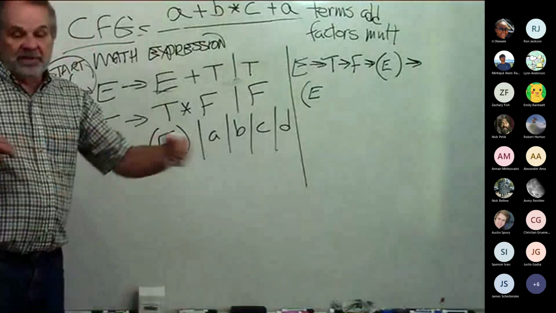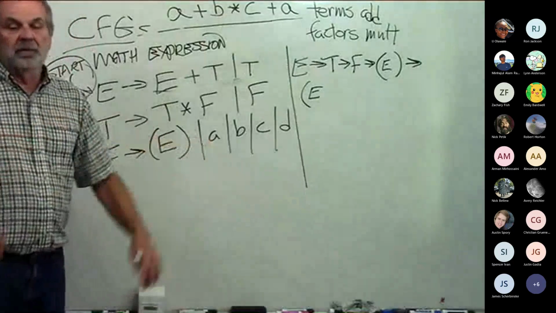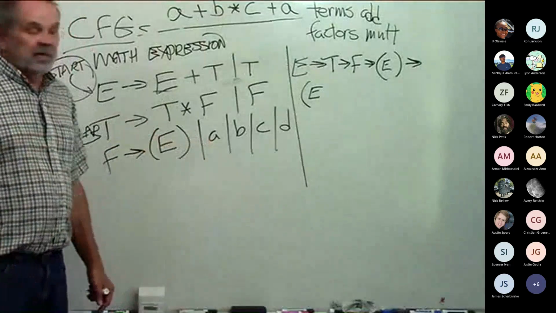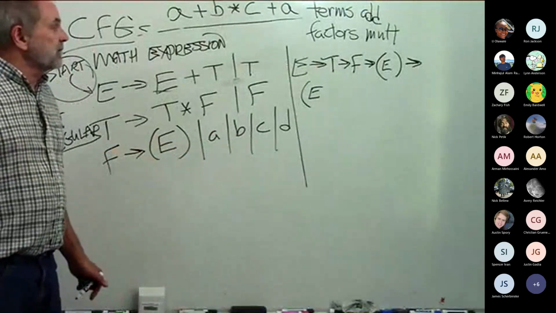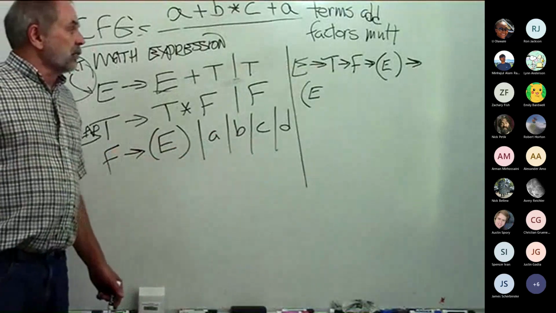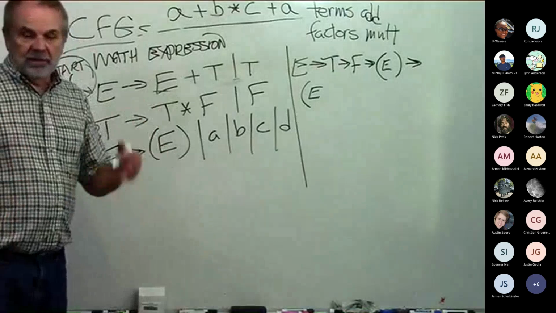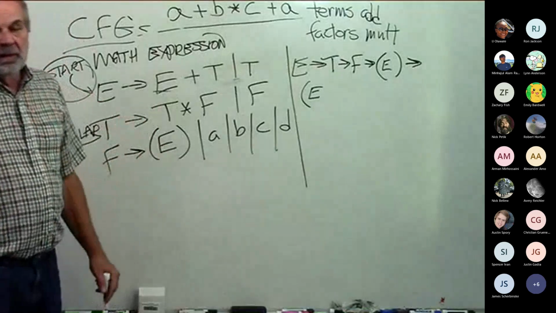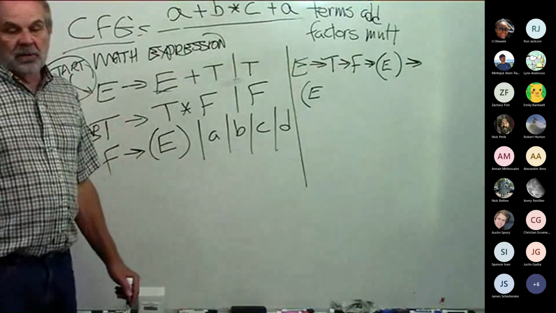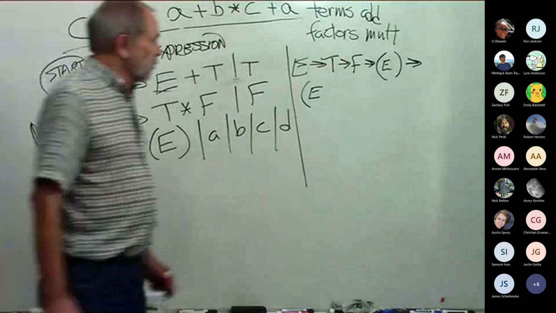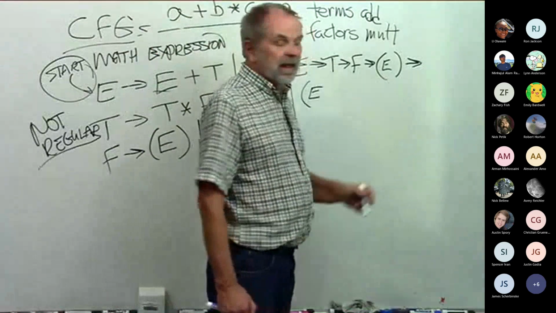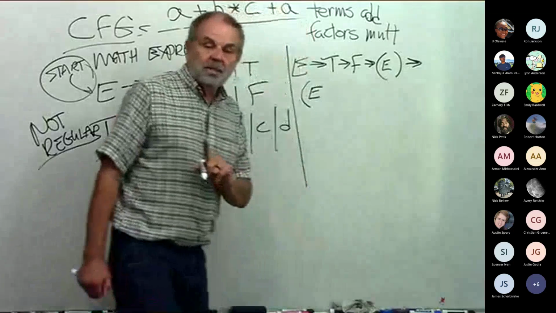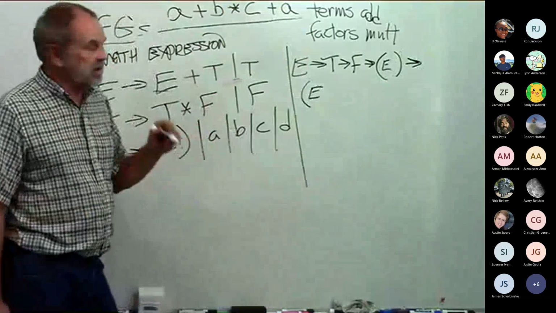A full derivation, such as what you should be equipped to do, involves rewriting and only substituting one non-terminal at a time. In other words, only applying one rule on each step of the derivation.